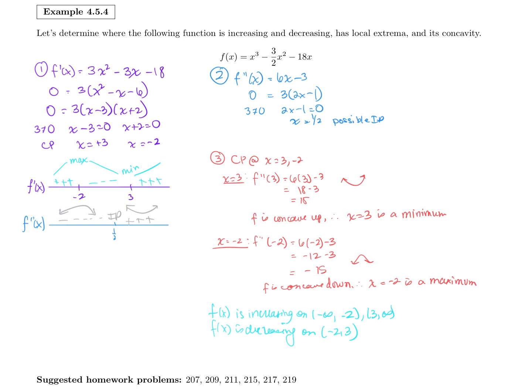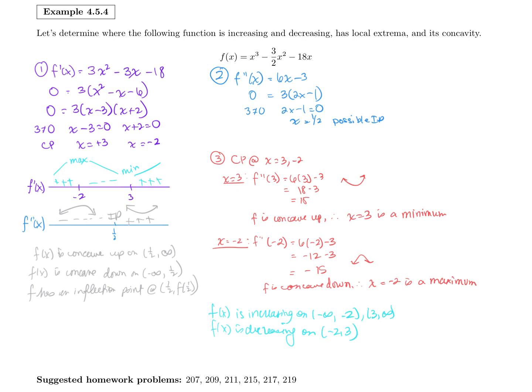So now we can also then extend to say that f of x is concave up on 1/2 to infinity. f of x is concave down on negative infinity to 1/2. f has an inflection point at 1/2, f of 1/2.